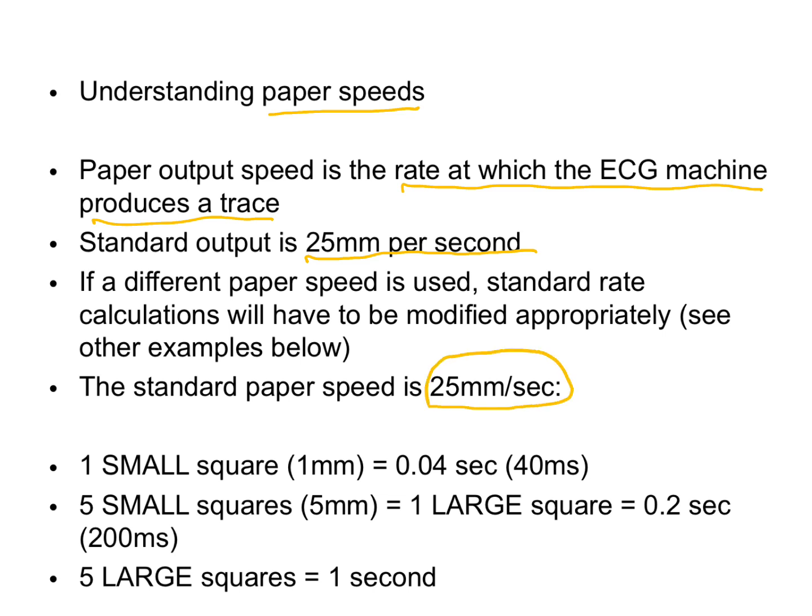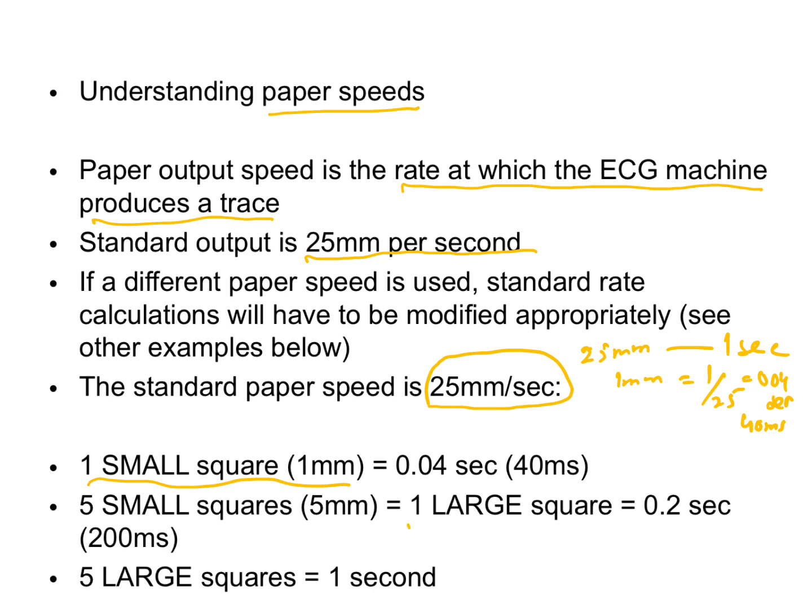As we know, one small scale is 1 mm. Since the speed of the paper is 25 millimeter per 1 second, 1 millimeter will be equal to 1 by 25, that will be 0.04 second, or we can say 40 millisecond.